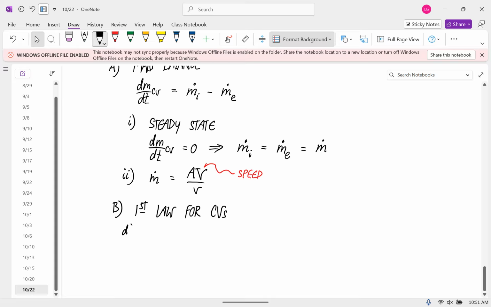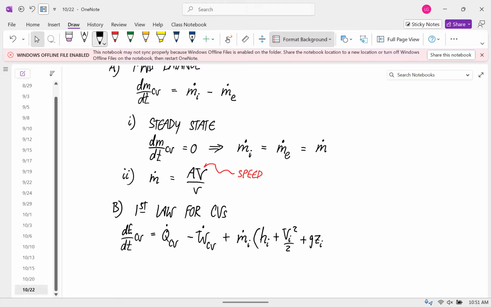It says dE dt of the control volume is equal to Q dot minus W dot plus m dot i times the quantity h i plus V i squared over 2 plus g z i, minus m dot e times the quantity h e plus V e squared over 2 plus g z e.